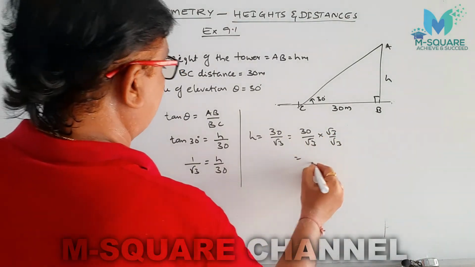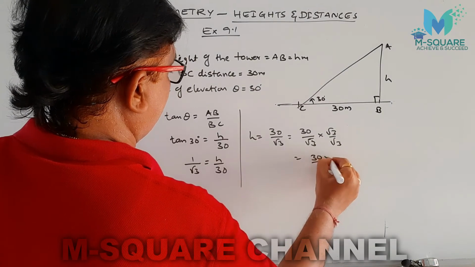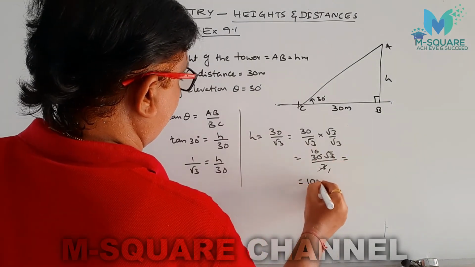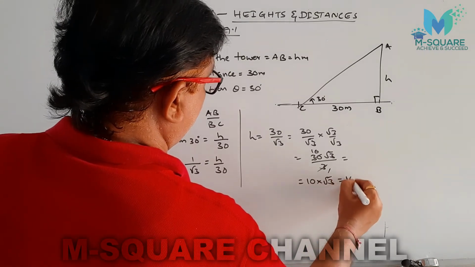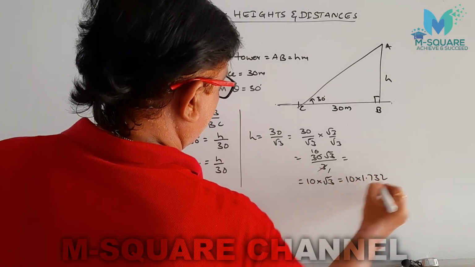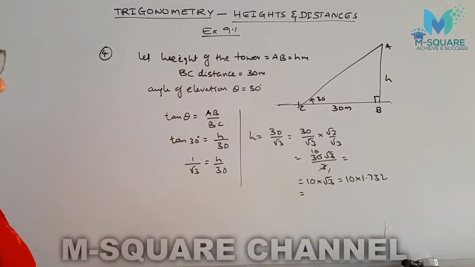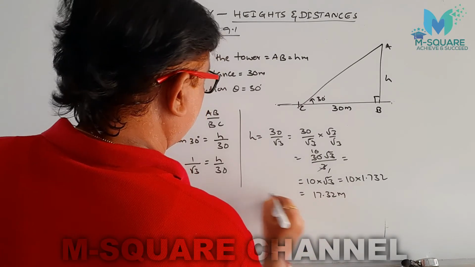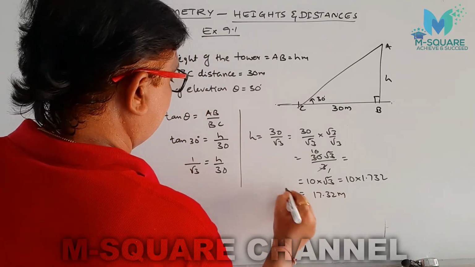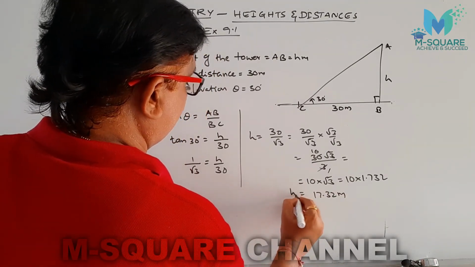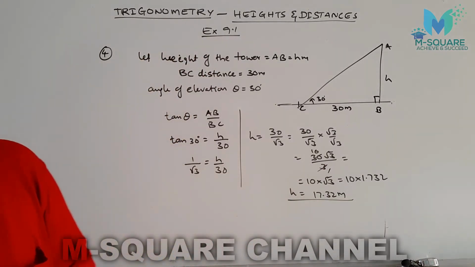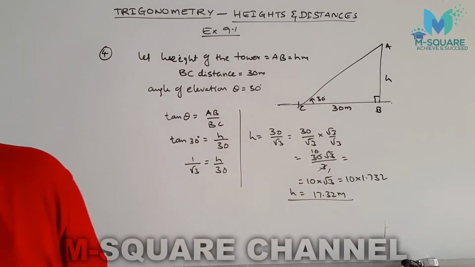Root 3 into root 3 is 3, 30 root 3. 3 tens are 30, so 10 into root 3. 10 into 1.732. Every time root 3 will come, please observe that root 3 value is 1.732. So 17.32 meters, that is the tower height. H is the tower, so tower height is 17.32 meters.